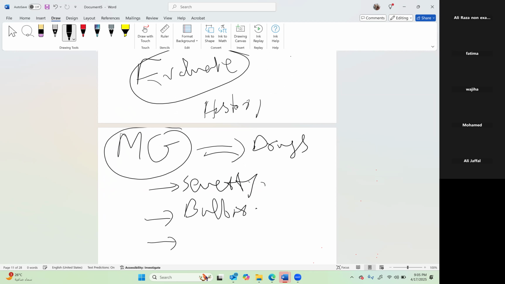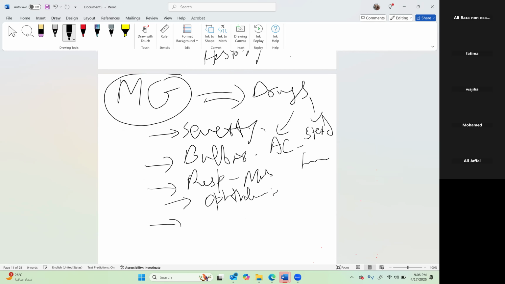Okay, so with reference to myasthenia gravis, you are better, but with reference to the drugs, either it is anticholinesterases or an immunosuppressant like steroids, and the severity in the bulbar and in respiratory muscle weakness, and ophthalmic.